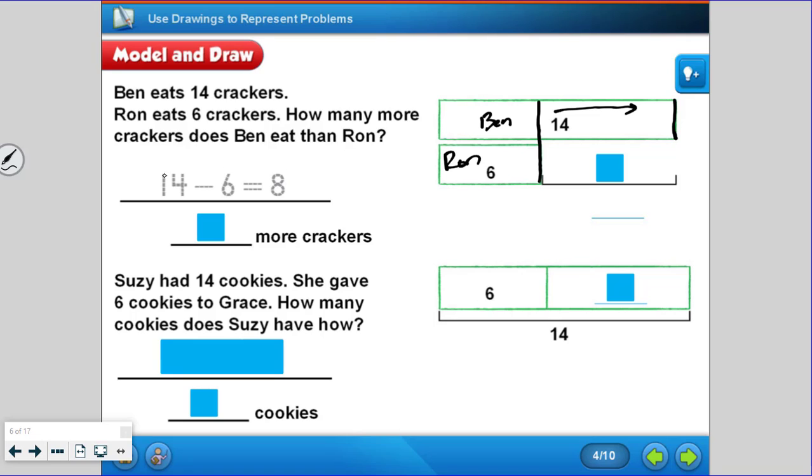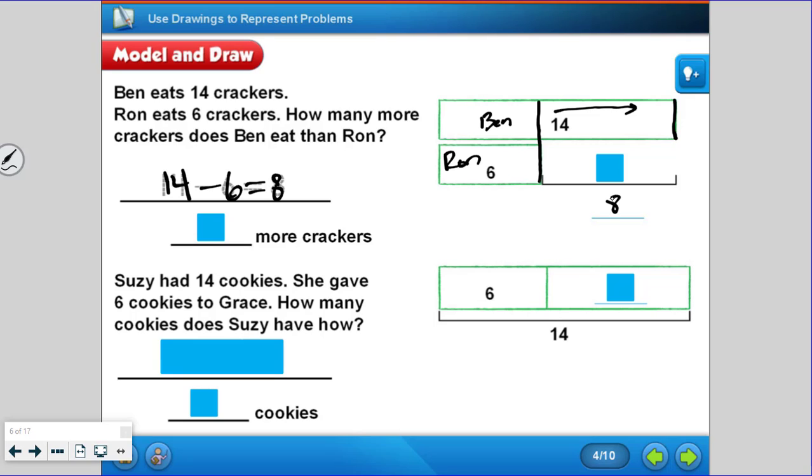So that problem looks like 14 minus 6. Okay? And we know that 14 minus 6 equals 8. So this part right here is 8.